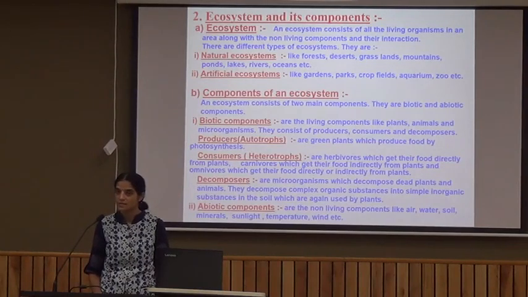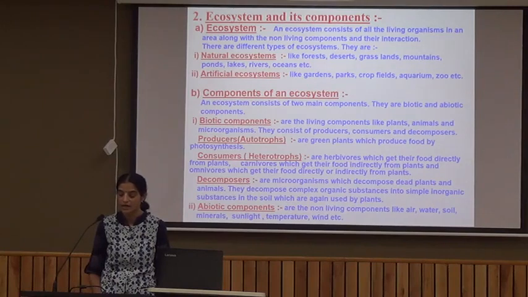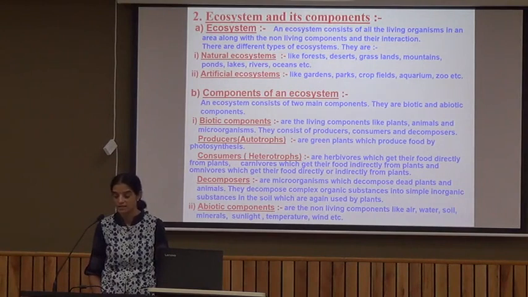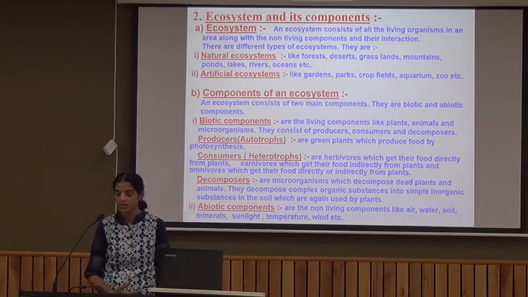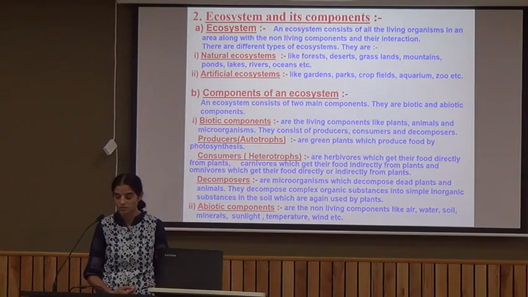Then next comes the ecosystem and its components. Ecosystem consists of all the living organisms in an area along with the non-living components and their interaction. It basically deals with living and non-living components present in the environment and their interaction. Ecosystem is also of two types: natural and artificial.